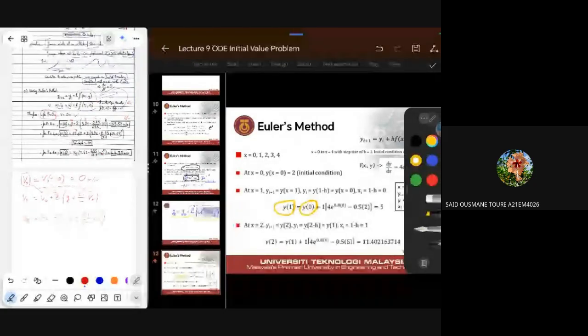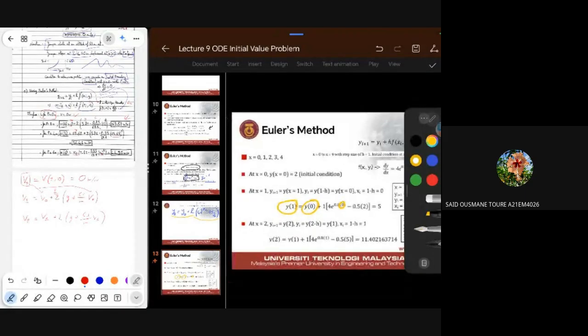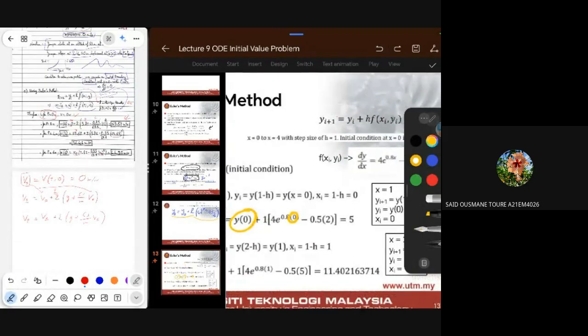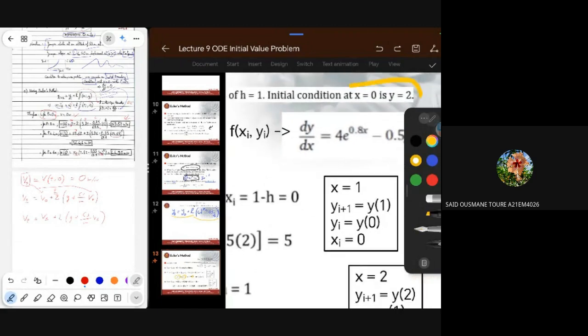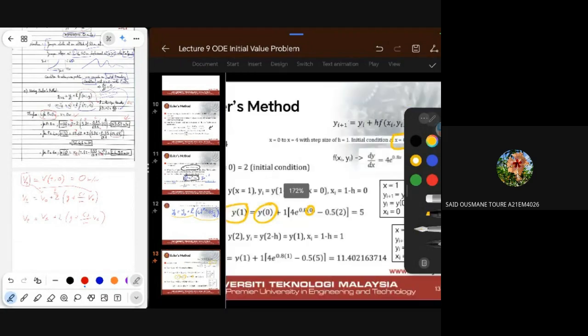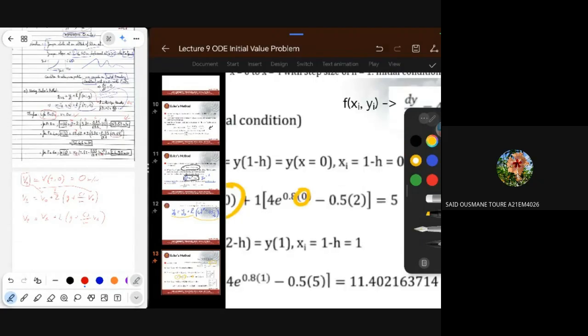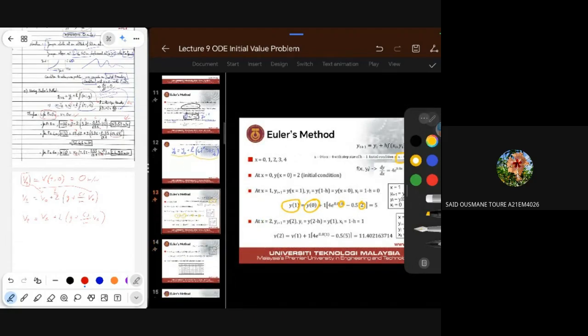The first x is 0. They already gave the boundary condition at x0. At x0, y equals 2, right? So x0 equals 0, y0 equals 2, and this comes from the same equation that they already detailed here.